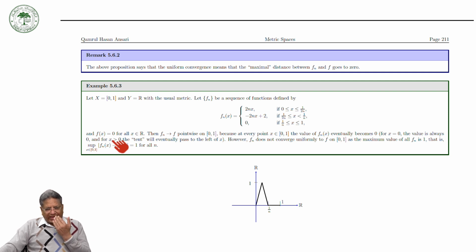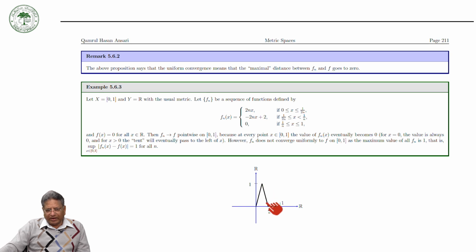And for x greater than 0, the tent will eventually pass to the left of x. Here is the graph of the function. You start from x equal to 0, it is 0, and then from x to 1/x, it goes up to 1 and then comes down, and then for the rest it is equal to 0.